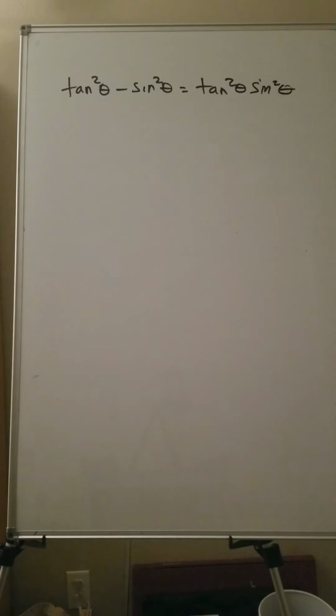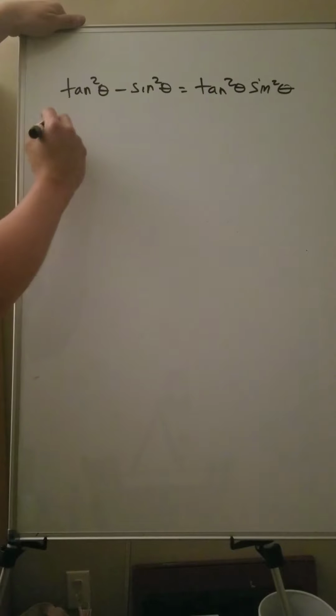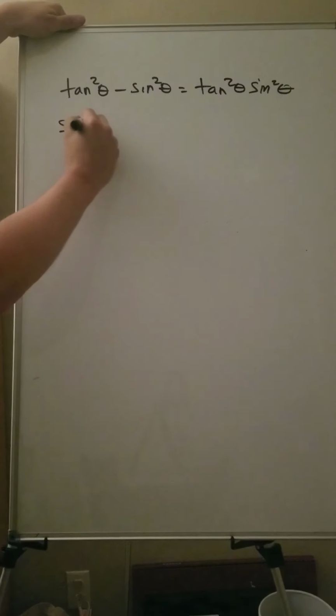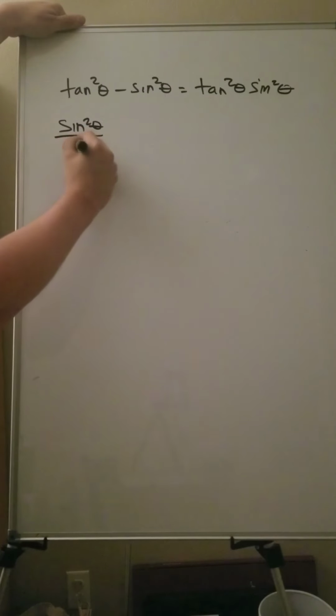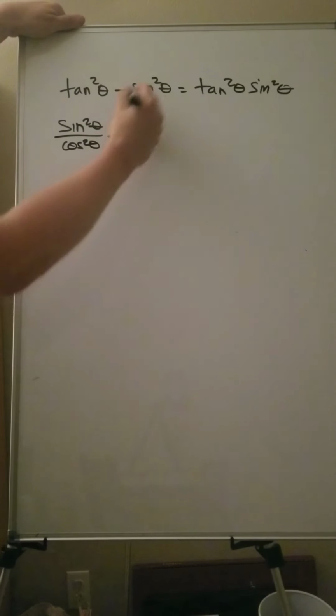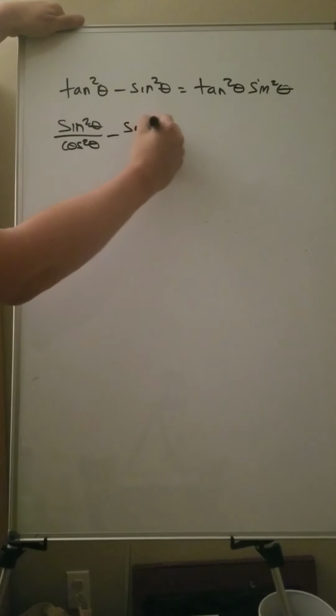That's not any trig identity, not the one that we have in our notes. So another thing we may fall back on is, okay, let's turn things into sine and cosine like we typically do. So if I turn tangent squared theta into terms of sine and cosine, that becomes sine squared theta over cosine squared theta, and over here I still have sine squared theta.